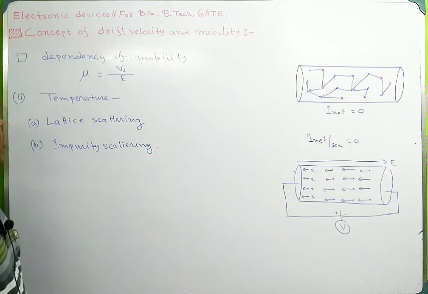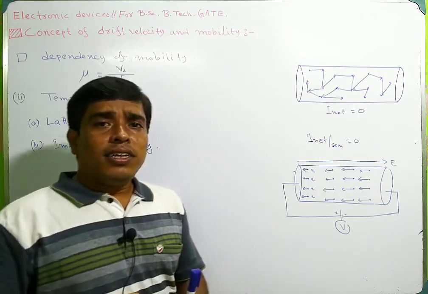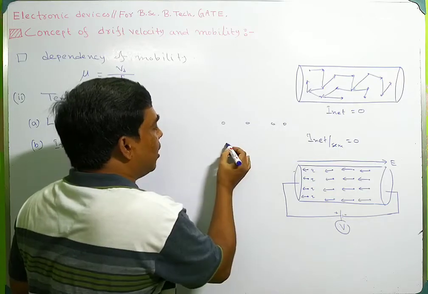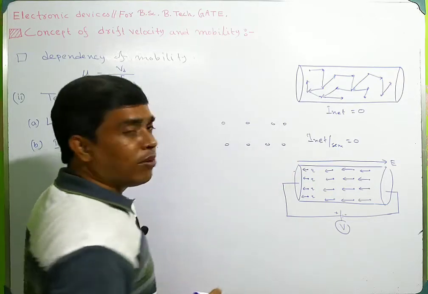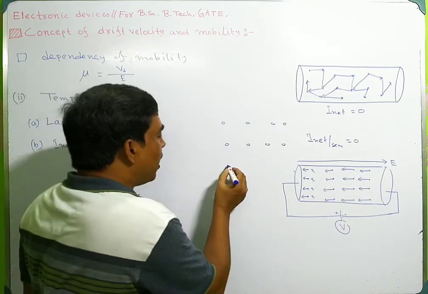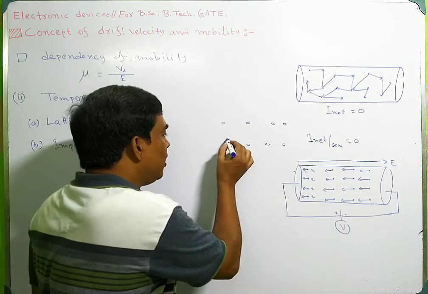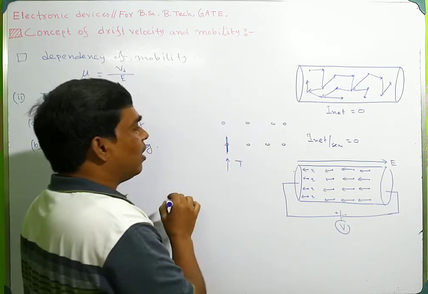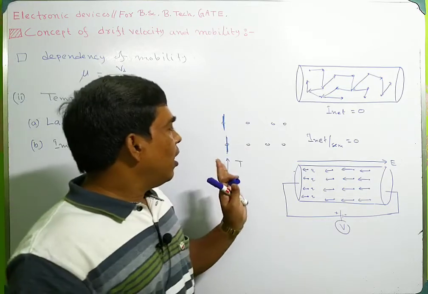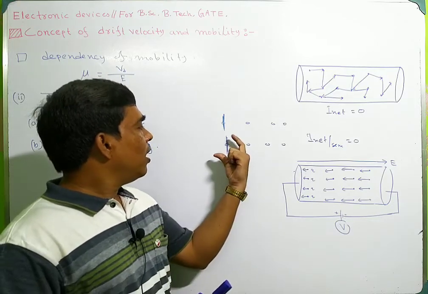What is lattice scattering? Suppose this is an atom, this is an atom, and this is an atom. Suppose this is the crystal structure of a conductor. If I increase the temperature, then all the atoms will vibrate with more energy.